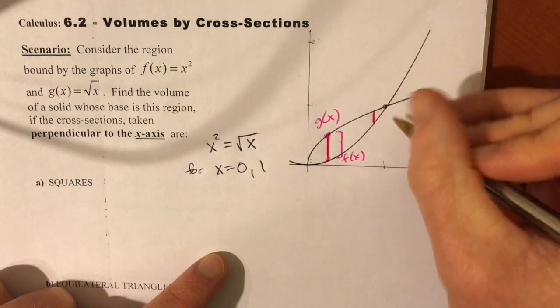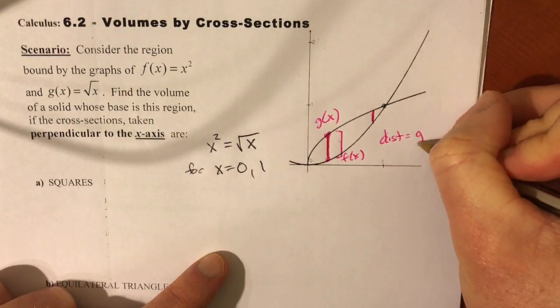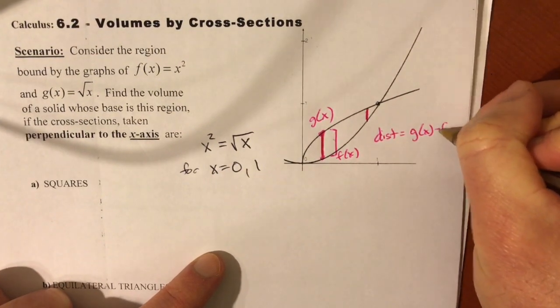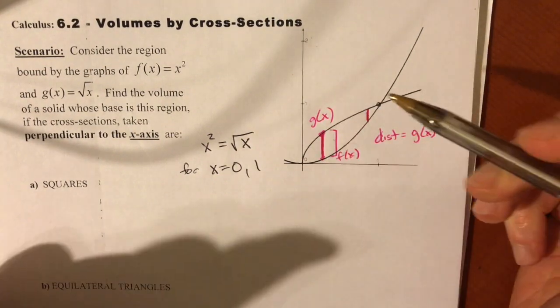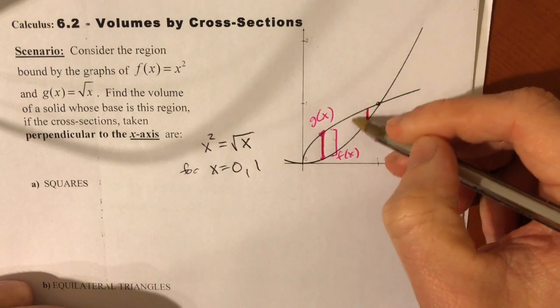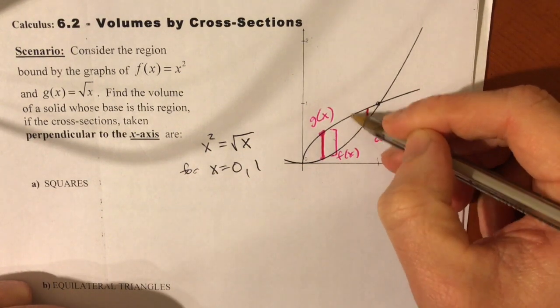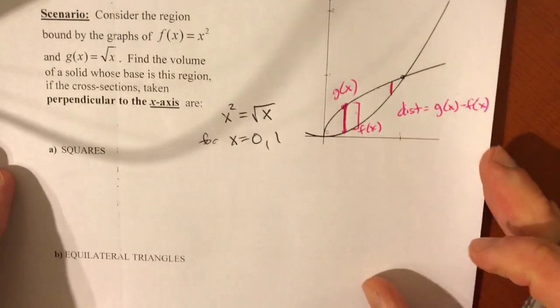So I'll just write, distance equals g of x minus f of x. And that's, again, top minus bottom to ensure a positive distance here. So regardless of where I'm at, the difference in these y coordinates, g of x minus f of x, top minus bottom, describes that distance.